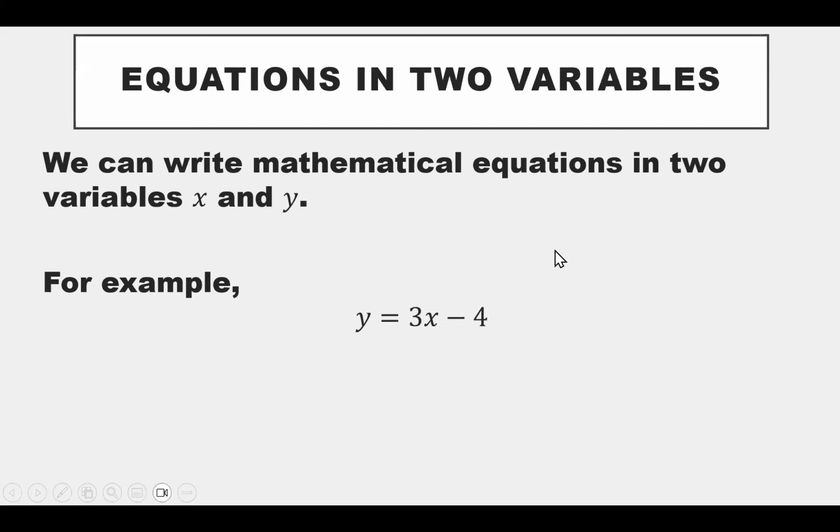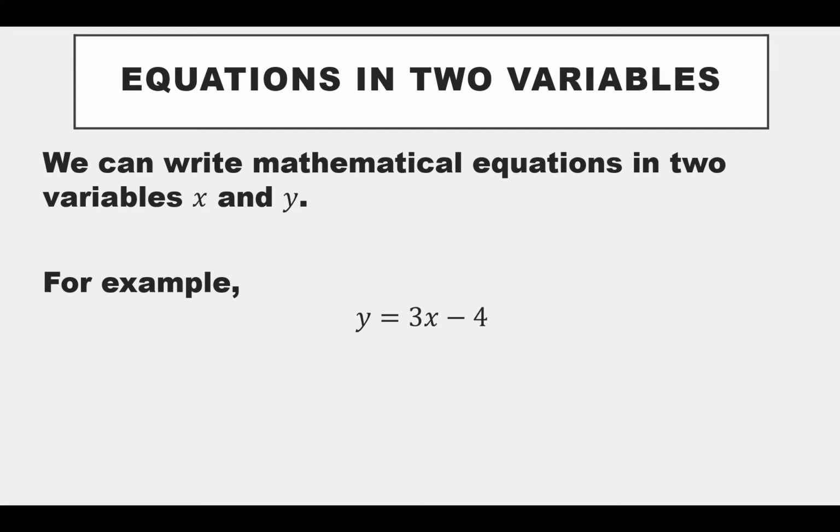Now, the reason why we focus a lot on the rectangular coordinate system, which is the Cartesian coordinate system, is for equations in two variables. When we have mathematical equations written with two variables, and the default variables are x and y, but you could have any other variables as well, then we can find solutions to those equations.